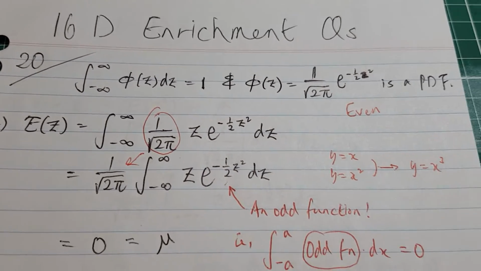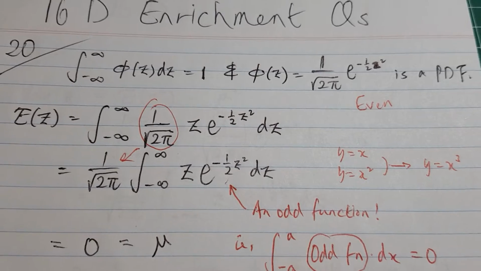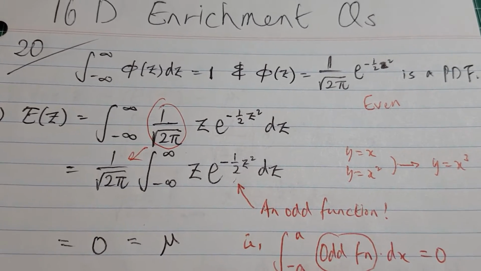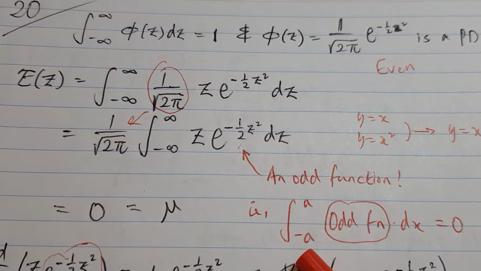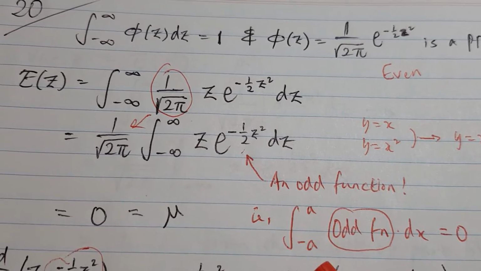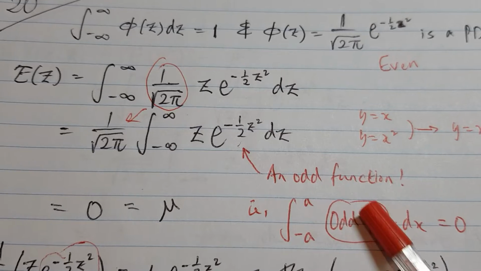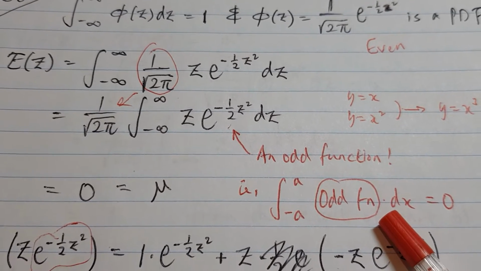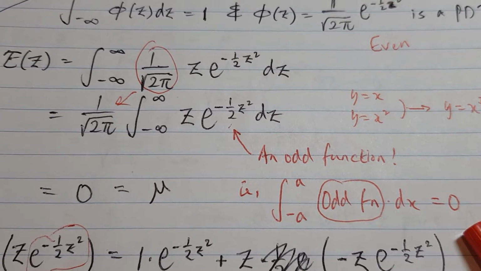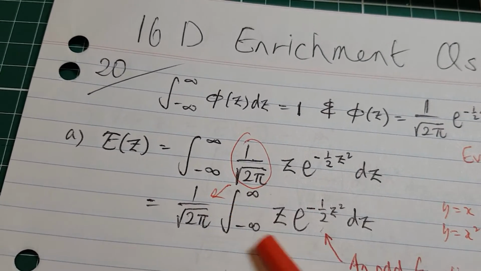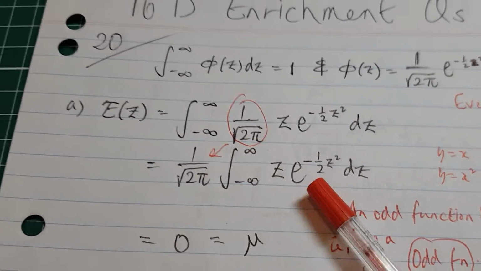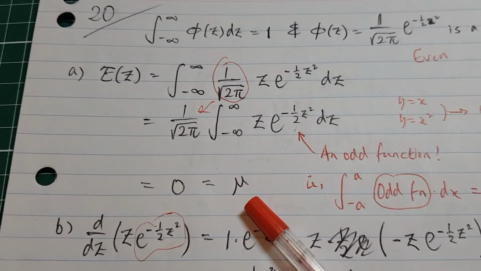And one of the properties of the definite integral is that when you evaluate between the same absolute value but different signs, then the integral of an odd function as the integrand is going to be 0. Okay, so we know then the evaluation of that integral is going to be 0, hence that's my expected value.